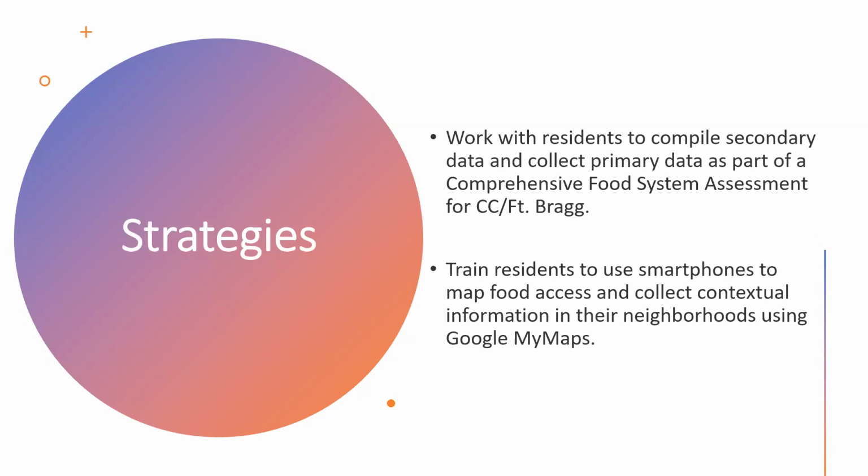And so we want to train residents on how to use digital devices, whether a smartphone, a tablet, or a computer, to map food access and collect contextual information in their neighborhoods or in certain areas of Cumberland County using Google My Maps. We'll talk about Google My Maps and show you how to use that program.